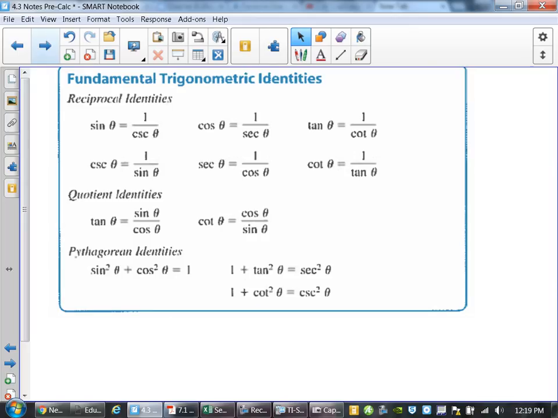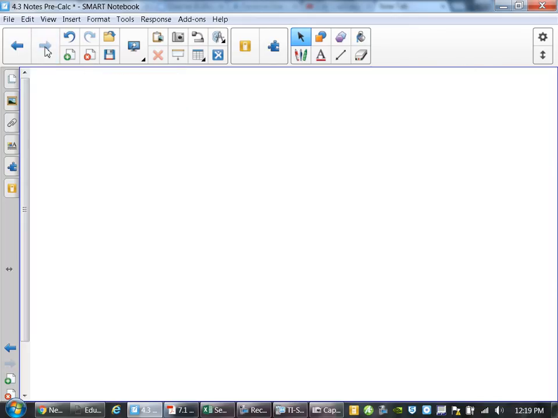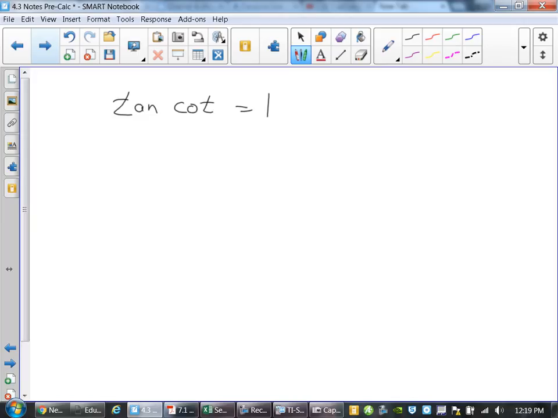What they use these things for in pre-calc is to solve other stuff. You're going to do some quick verifies. For example, show that the stuff on the left equals the stuff on the right. Show that tangent times cotangent equals 1.